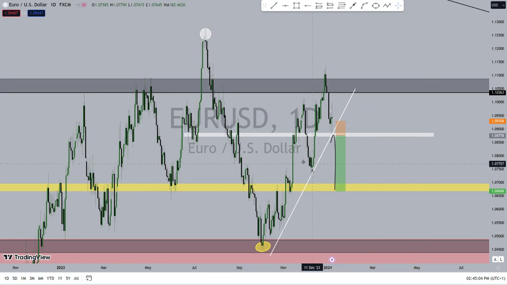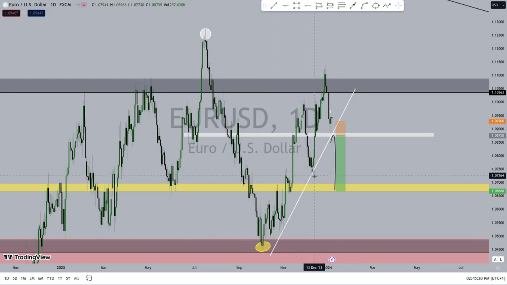Okay, guys, on Euro USD, you can see price gave us an impulsive move to the upside.